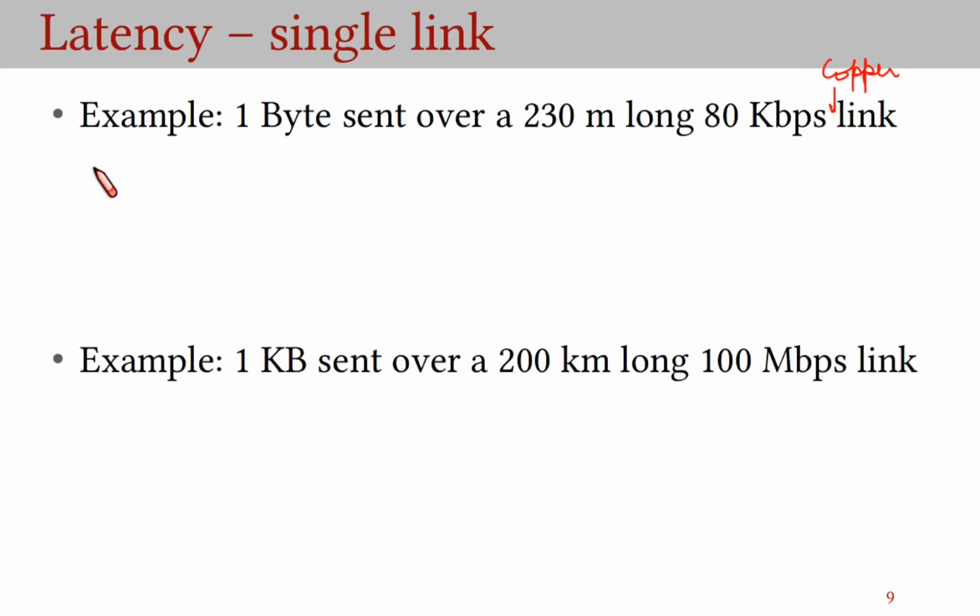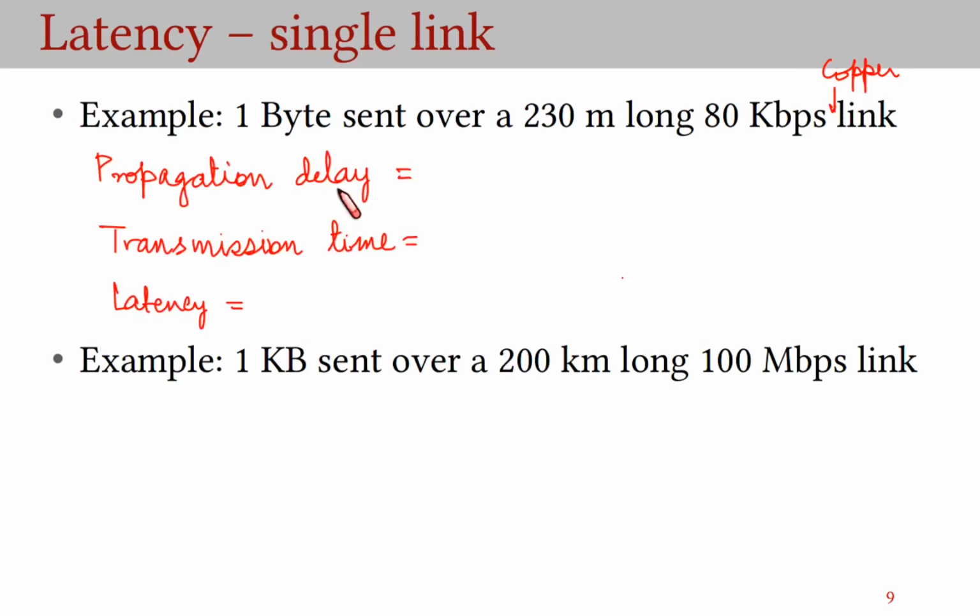For this example, the propagation delay is the length of this link, which is 230 meters, divided by the speed of light in copper, that is 2.3 times 10 to the power 8 meters per second. This gives us 10 to the power minus 6 second, or 1 microsecond.